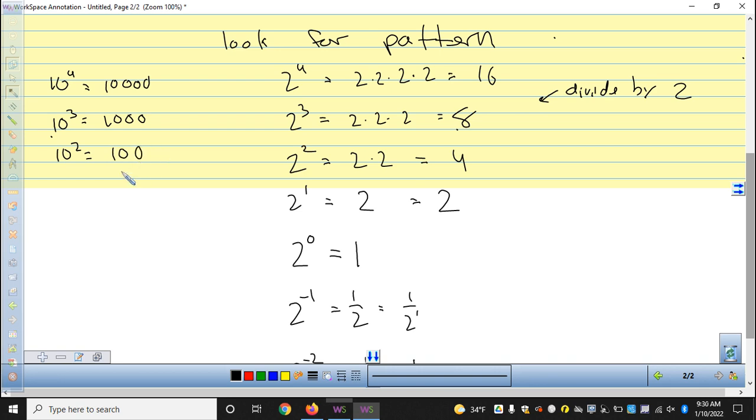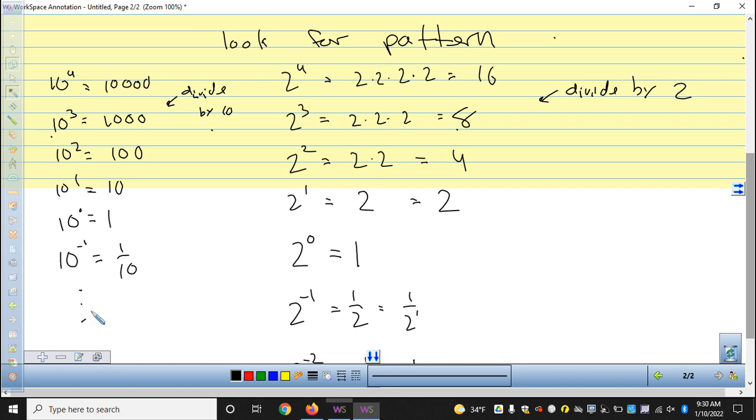I'm dividing by 10 each time. 10 to the first is 10. And when I divide 10 by 10, 10 to the 0 is going to be 1. 10 to the negative 1 is 1/10. And we could do that with any number. That was a very good question. And we could keep going with the same pattern with 10.